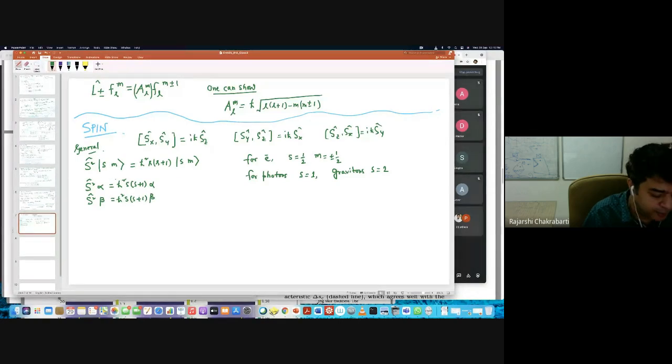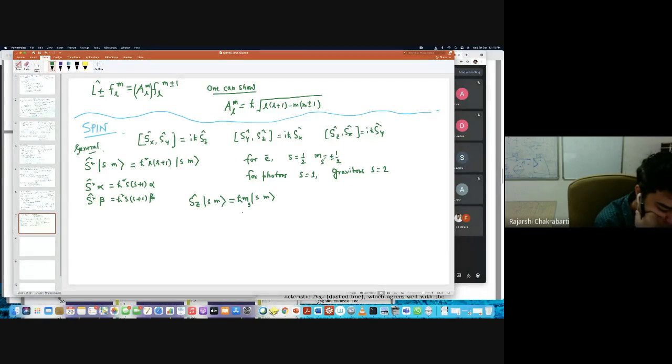Similarly, I can use this Ket notation, isn't it? So similarly, if I operate Sz on this |s m>, what am I going to get? Can anyone tell me? h cross m |s m>. Now I'm calling it m, I'm calling it ms also, okay, if you want.